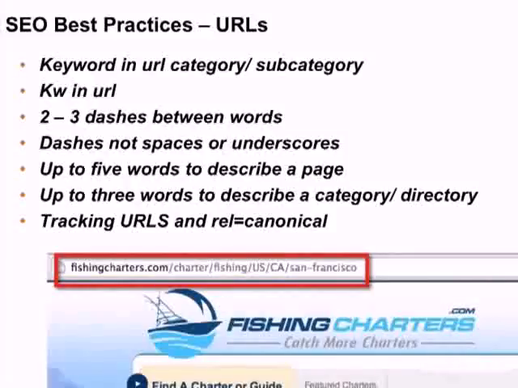You might go San Francisco dash charters or something, but you don't want to go probably beyond 5 words to describe a page. Try to use dashes and not underscores. They're treated very similar, but underscores can be confusing for a variety of different ways. Up to 3 words to describe that category or directory, that subcategory, and make sure that if you're doing tracking and you have those long dynamic URLs, you're using rel canonical so that you don't end up with duplicate URLs.